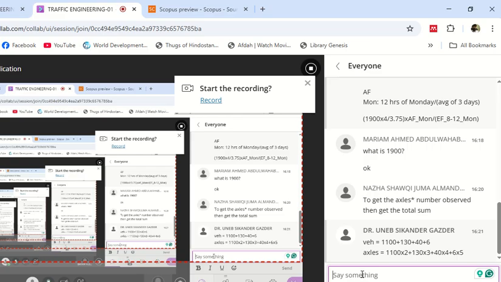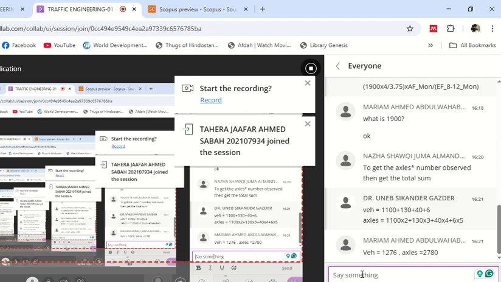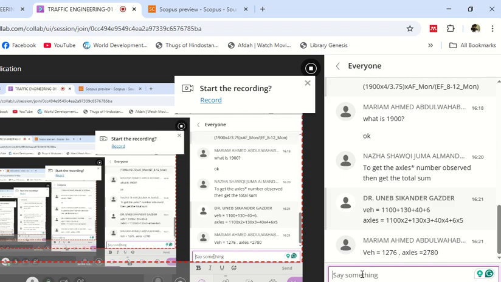How much is this value, or both these values? Okay, and if you take the ratio, then how much do you get? 2780 upon 1276, how much do you get?